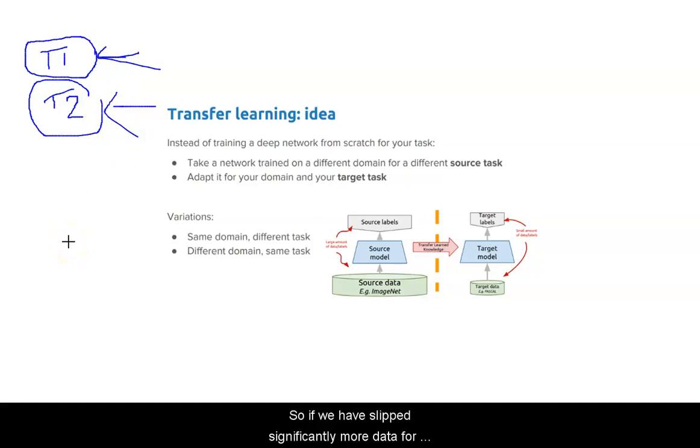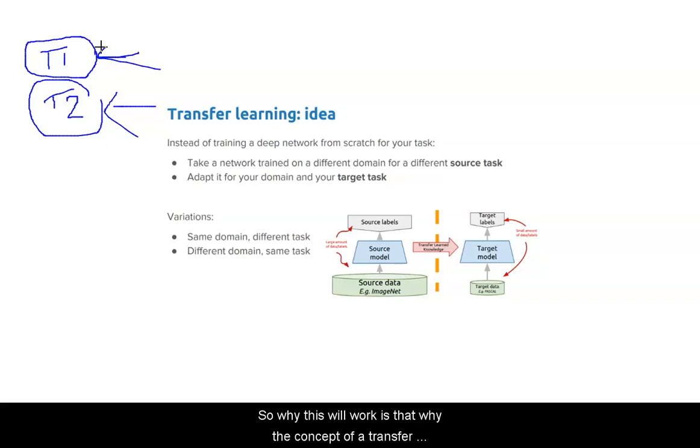So if we have significantly more data for task T1, we may utilize its learning and generalize its knowledge, which is features and weights, for our task T2, which might have significantly less data.